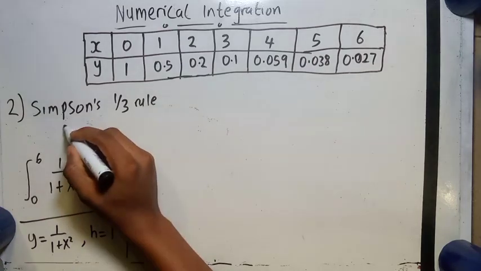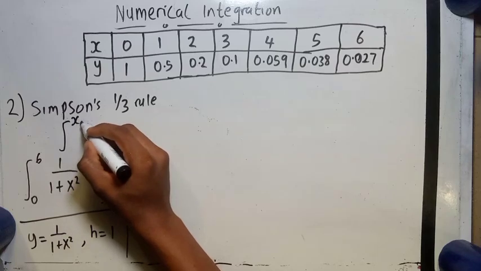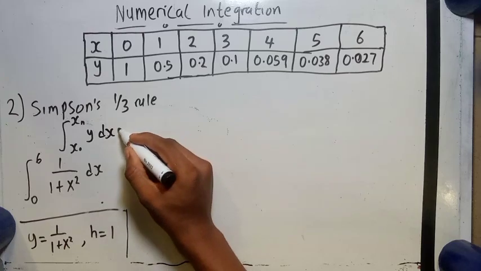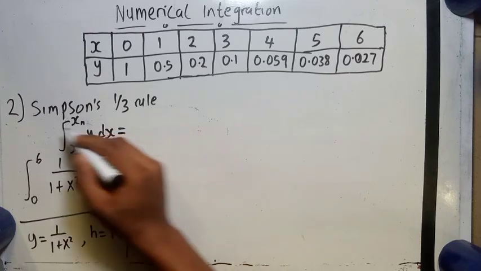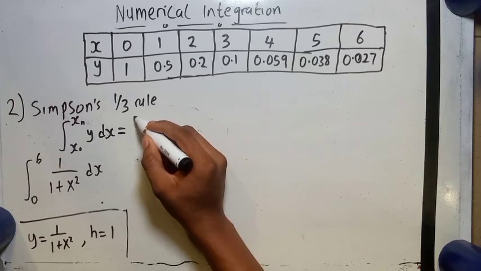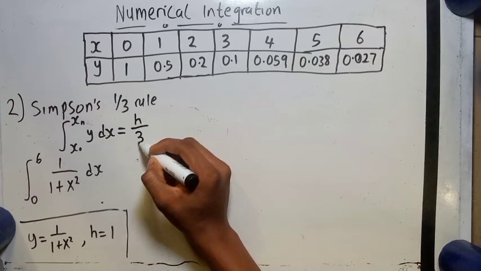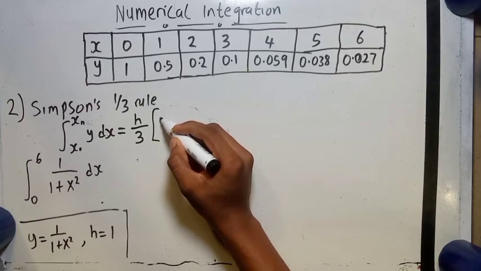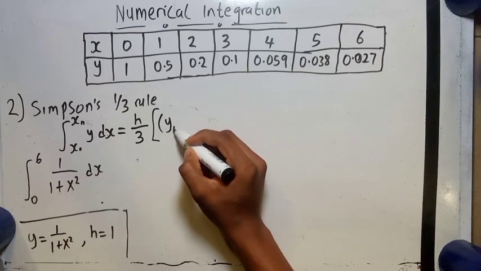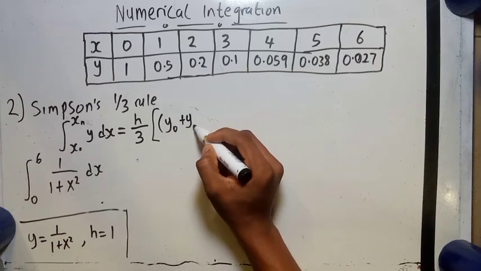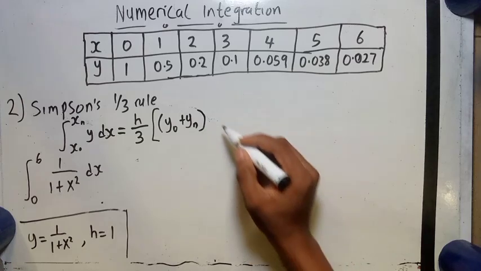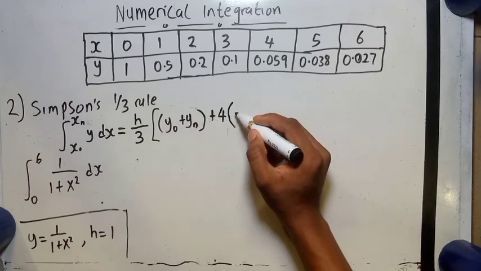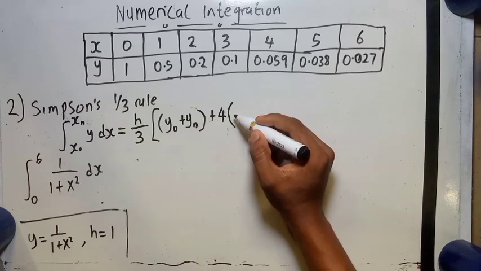Another way of solving this numerical integration. Given that you have the integral from x0 to xn of y dx, using the Simpson 1/3, it gives you h over 3 times your first and last corresponding y value, plus 4 times the, how will I put it?